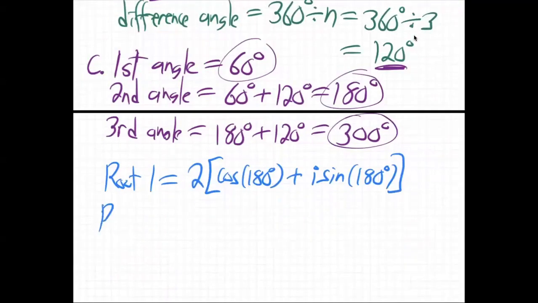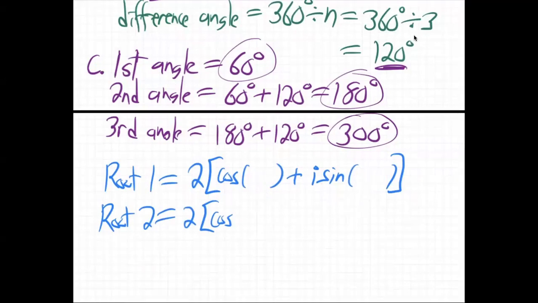And root 2 is again that new front number. Cosine, what's the second angle? Oh, wait, that should have been 60. What am I doing? Let's change that. I was doing the second one. So the first is going to be 60, and then the second one will be 180.